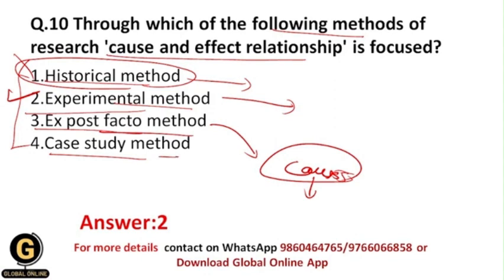Then within the case study method you study in detail a particular person regarding their specific characteristics for a longer period of time, and that's why no cause and effect relationship is focused, and this is eliminated. Ex post facto method eliminated, that's why the correct answer is 2.